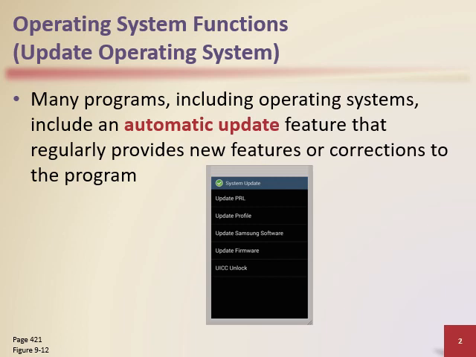Sometimes these updates are known as service packs. In the past, we were required to buy those service packs. If we are registered, we can get these free service packs so that we can activate the software. With operating systems, the automatic update feature can be configured to alert you whenever an update is available.